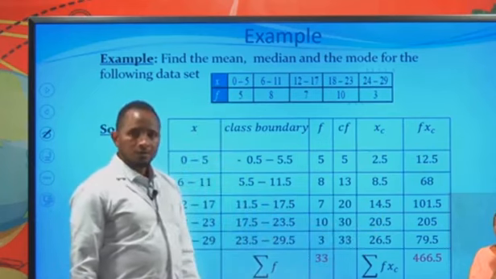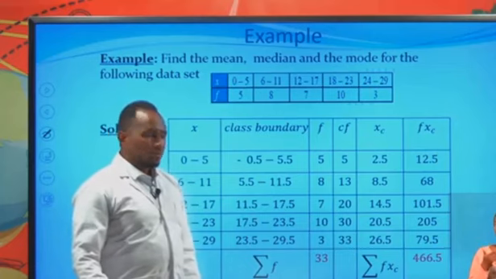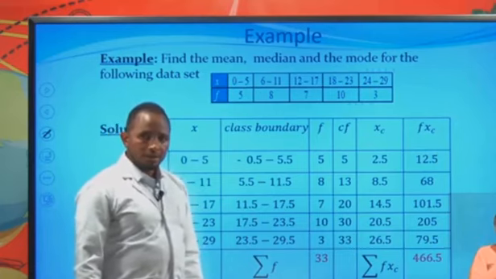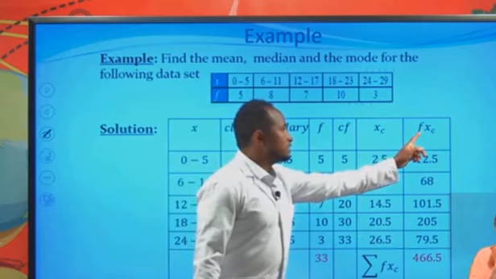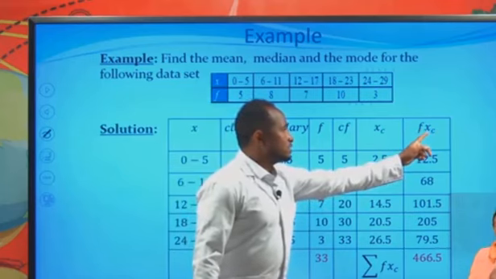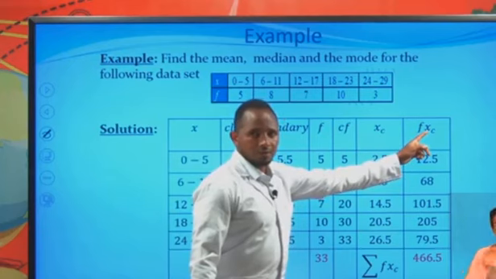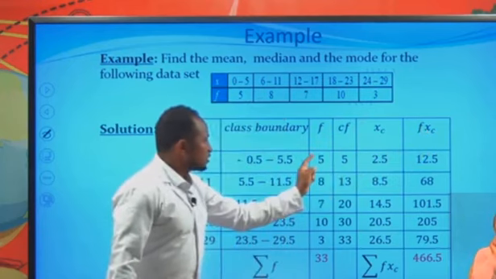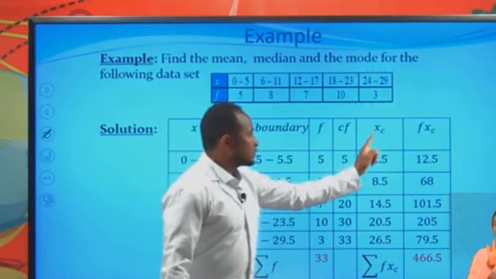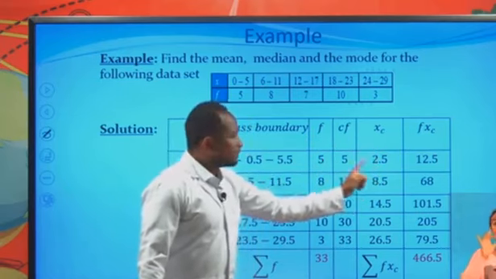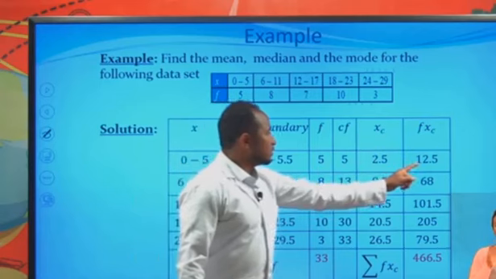After this, to calculate the mean, we need to find the product of the frequency of each class with its corresponding class midpoint. For the first class, the frequency is 5 and its class midpoint is 2.5, so the product is 12.5.